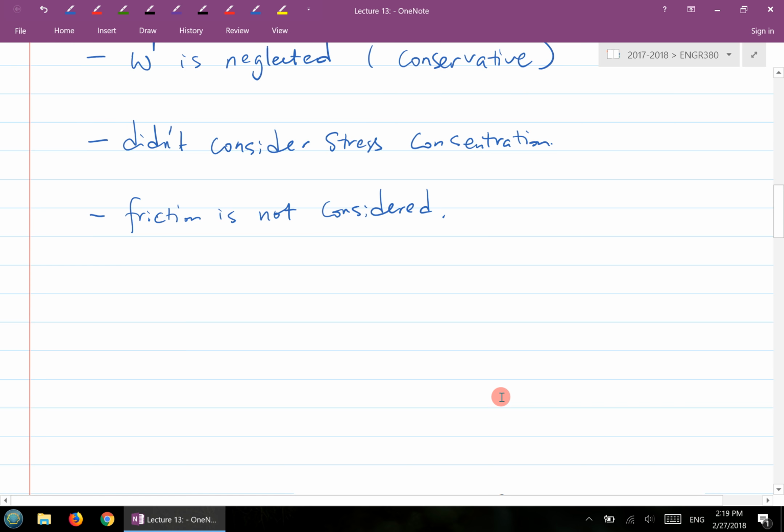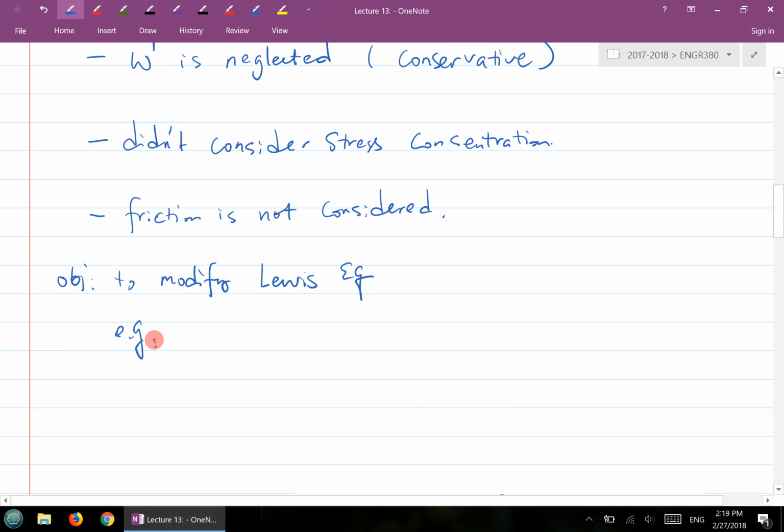So what we need to do is modify the Lewis equation to reflect some of these assumptions, constraints or limitations that are not considered here. So the objective is to modify this Lewis equation. There are different ways of modifying it. Give you one simple example.